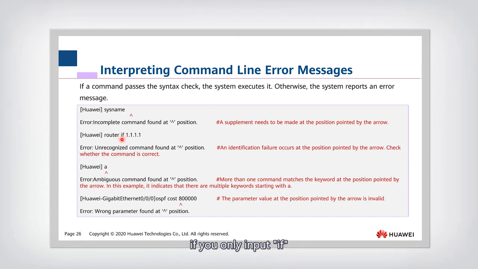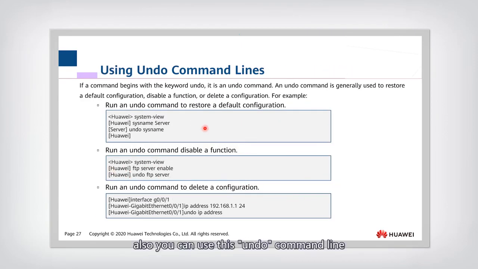If you only input if, it cannot understand, and it will tell you that this is an unrecognized command. You need to correct it. Similarly for other cases, it will tell you that this is a wrong parameter or a wrong command.